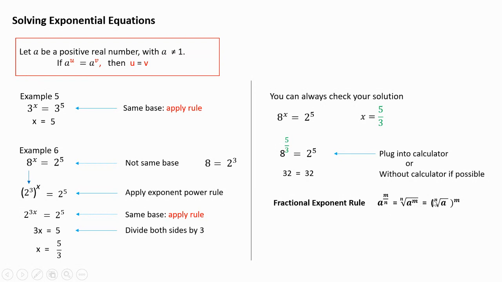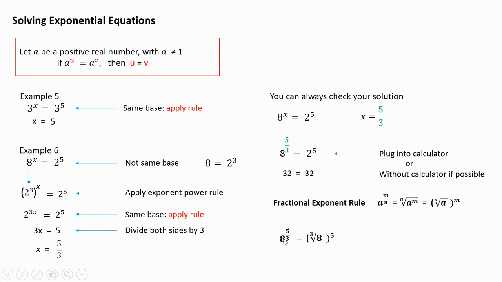But it's better to do it this way instead, because it's easier when you have real big numbers. So this is equivalent to the nth root of a to the m power is equivalent to parentheses the nth root of a, right, to the m power. So here, guys, I'm going to use this one here.